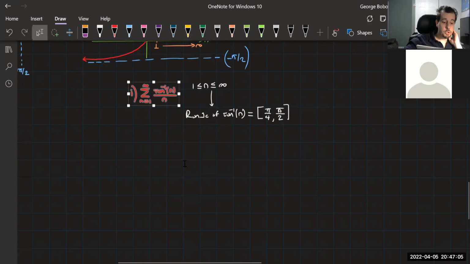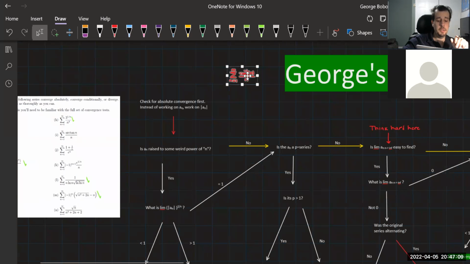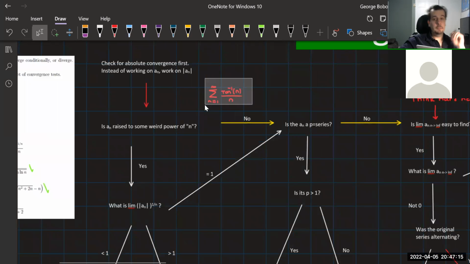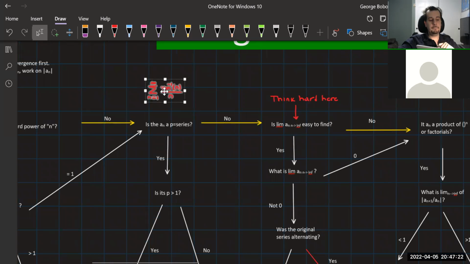Let me ask you the questionnaire here so that you see again which test I'm going for, but you probably can see. Is it raised to some weird power of n, the whole thing? No. Is it a P series? No way.